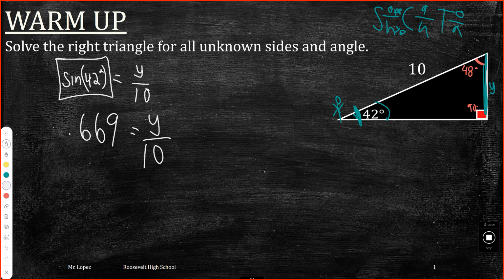And what am I going to do? Cross multiply, or multiply by 10? So what is 10 times 0.669? It's 6.69, about 6.7. It's not even that hard.